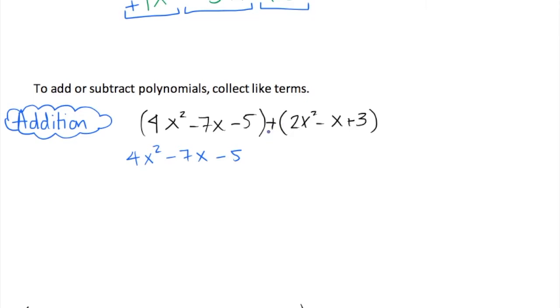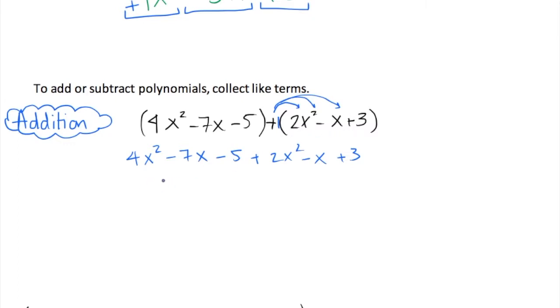Now this is plus, or you can say plus 1, and that will be multiplied with each term. But whenever there is a plus, you can just take away the brackets. So you can say plus 2x squared minus x plus 3. Whenever there's a plus between the two polynomials, you can rewrite the second polynomial the way it is.